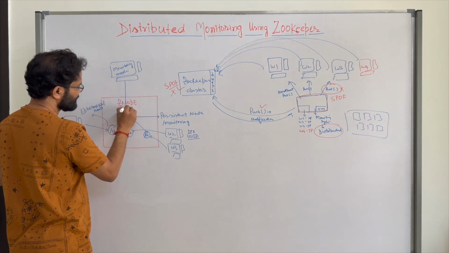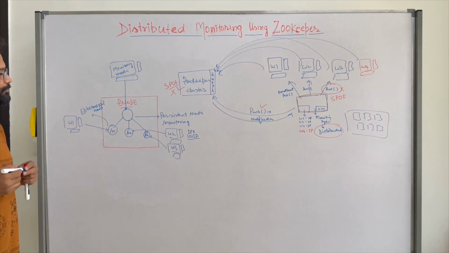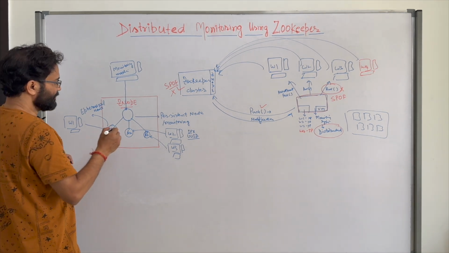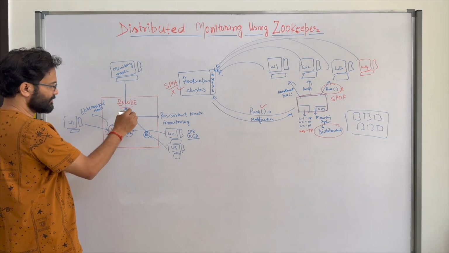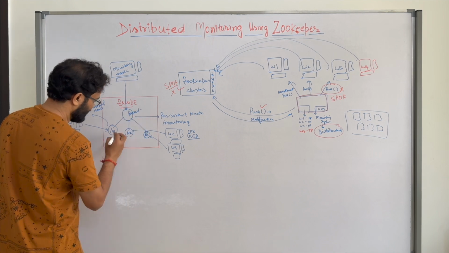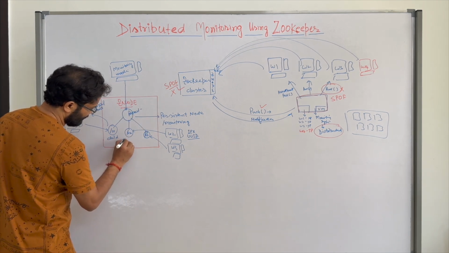They will subscribe to this Z node. The benefit of subscribing is that if anything changes in this node, this is the parent node, right, and these are the child nodes, right?